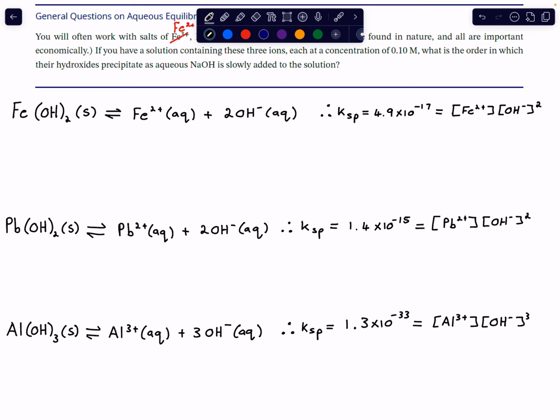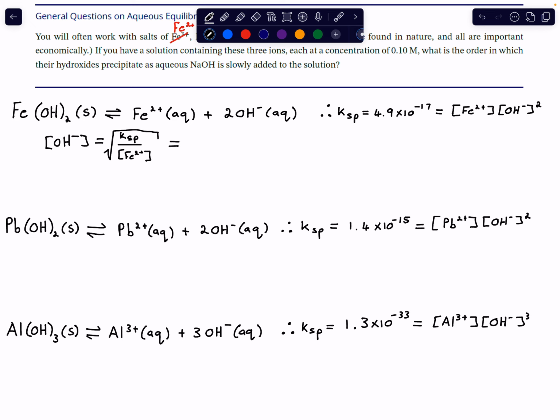So in the first case, we will find that the iron hydroxide salt will precipitate when we reach a hydroxide concentration of, so we need to solve KSP divided by iron, Fe2+, and we see we need to take the square root of this because it's Fe(OH)2.